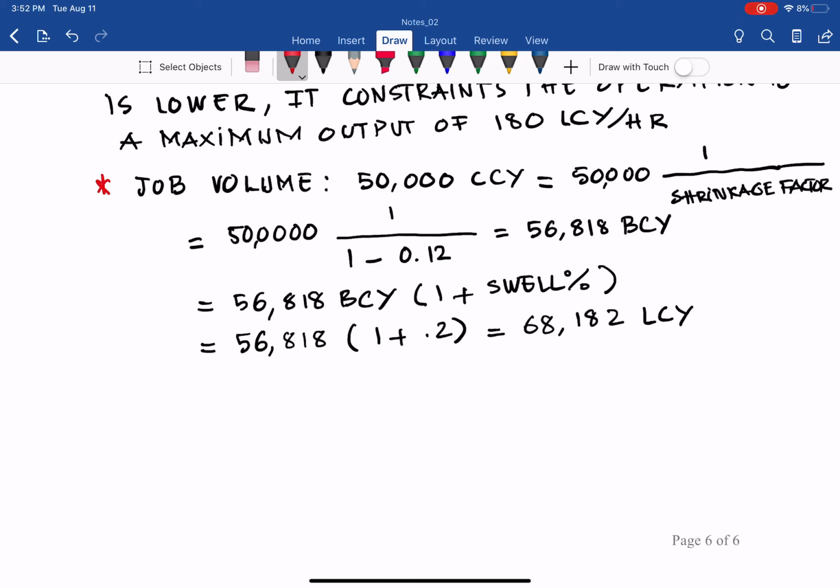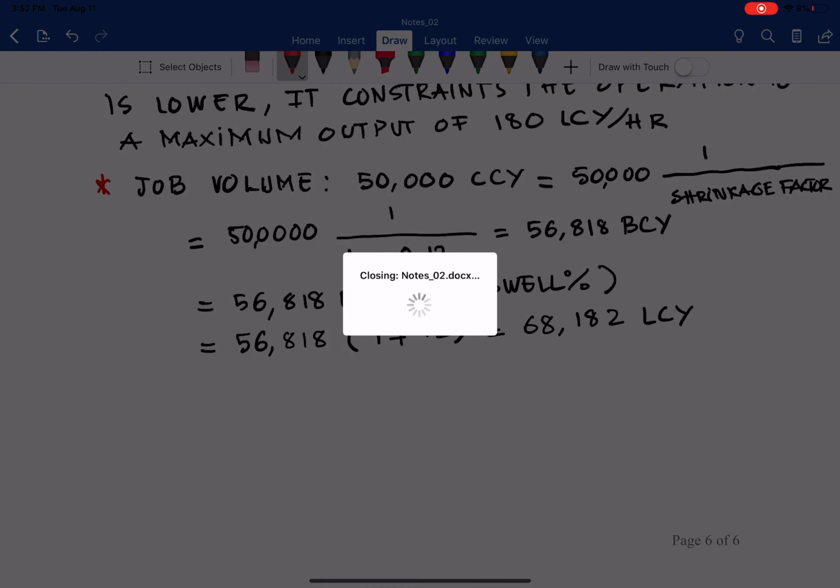So from here, we can get the hours we need.